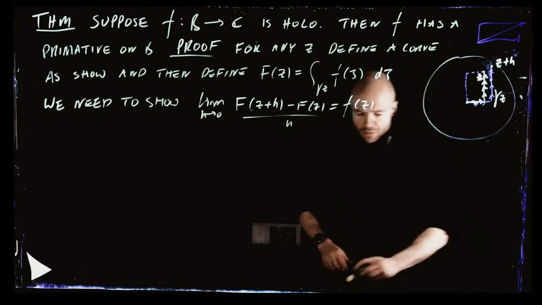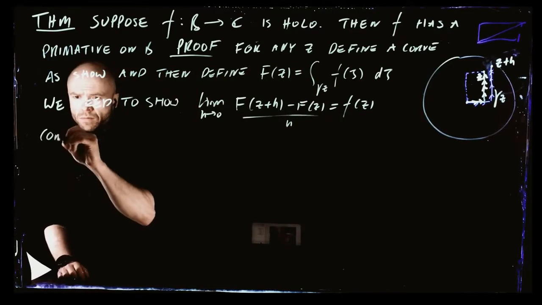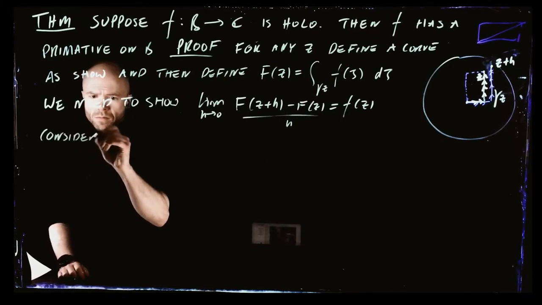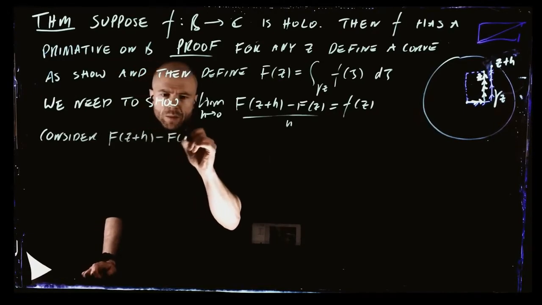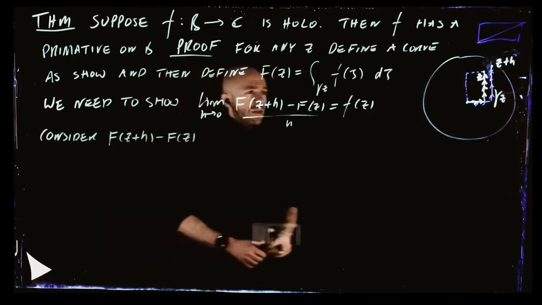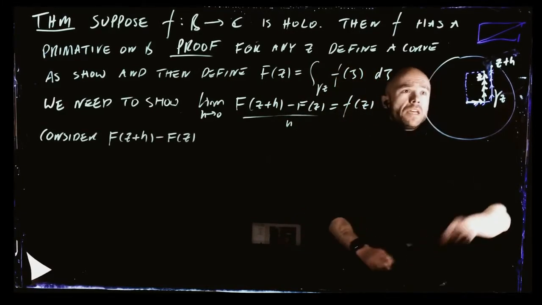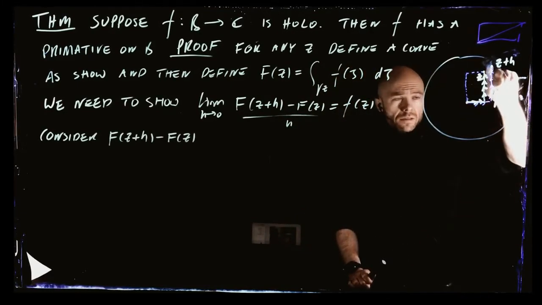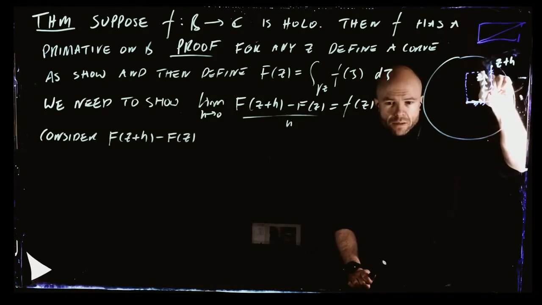So, if we just consider this quantity, capital F of z plus h minus capital F of z, then what is that? Well, that is the same as going up like this, minus the contour that goes up like this.